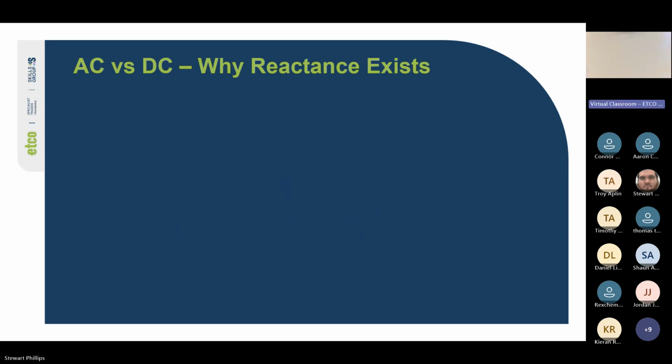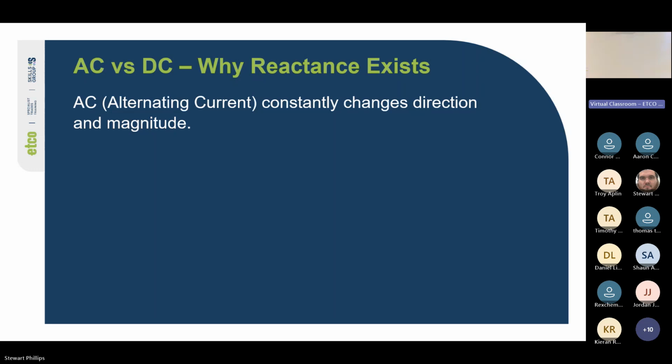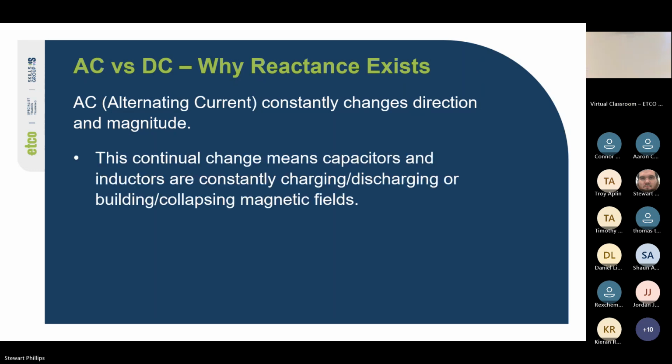But AC, so think of DC as the steady push of water in one direction. Nothing really changes, it's flowing. Whereas AC constantly changes direction and magnitude. And the continual change means the capacitors and inductors are constantly charging, discharging, or building and collapsing their magnetic field.